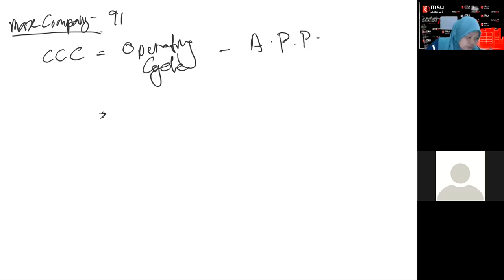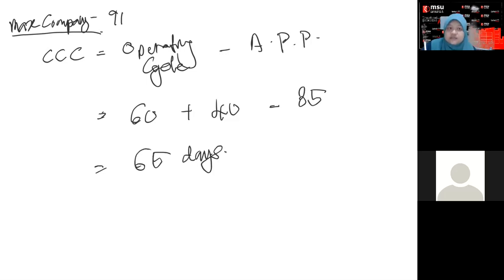Cash conversion cycle is operating cycle minus average payment period. So operating cycle is equal to AAI plus ACP, which is 60 plus 40, minus average payment period of 35 days. So the answer is 65 days for the cash conversion cycle.